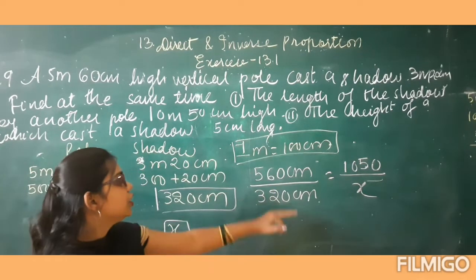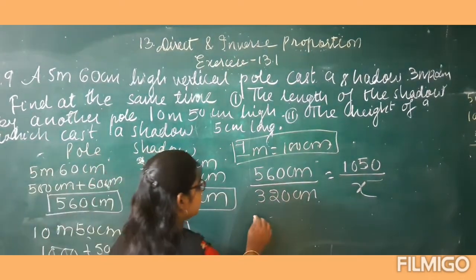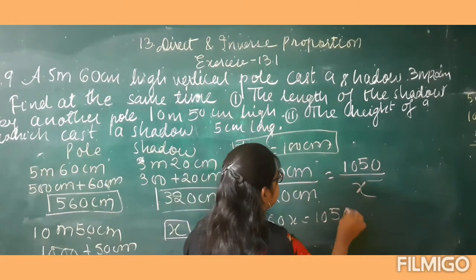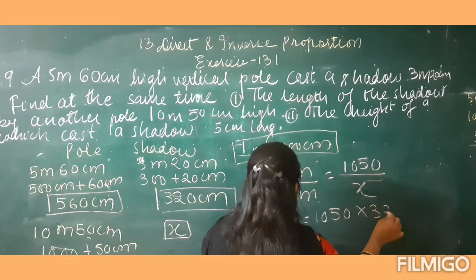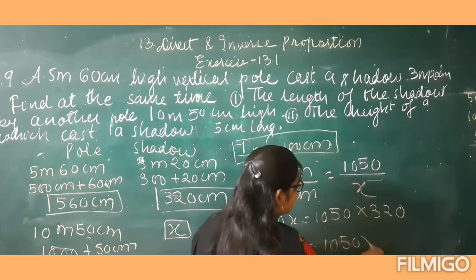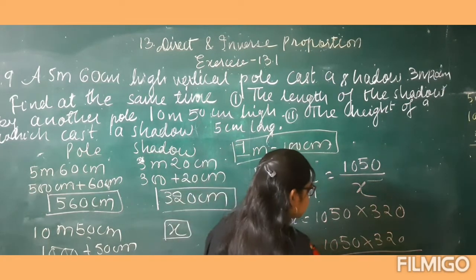So from here, as this is in direct proportion, I am equating this. So this will be 560x is equal to 1050 into 320. Again x will be 1050 into 320 upon 560.